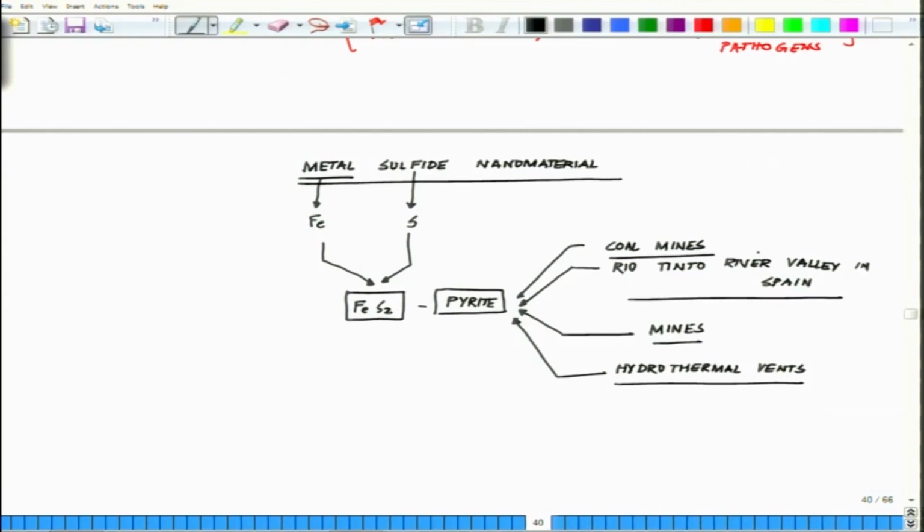As a matter of fact, pyrite is also called fool's gold. The reason it is colloquially called fool's gold is because bulk pyrite is golden in color.